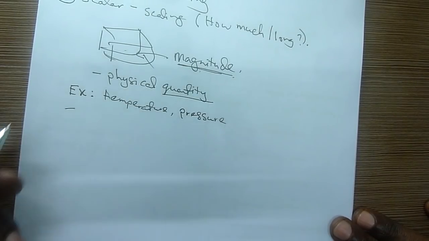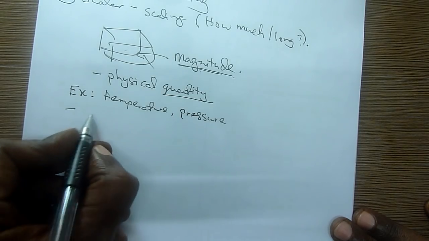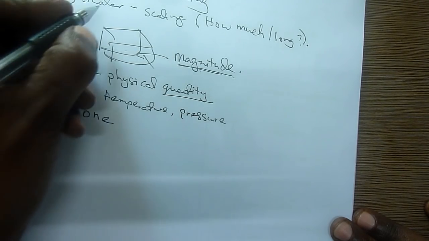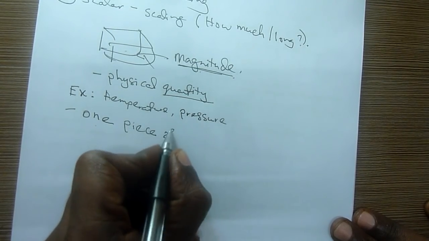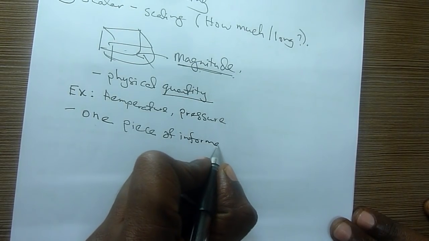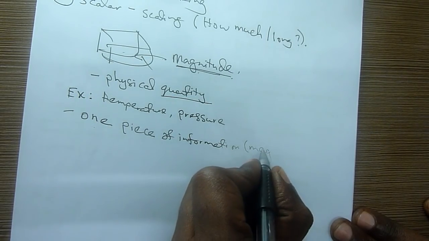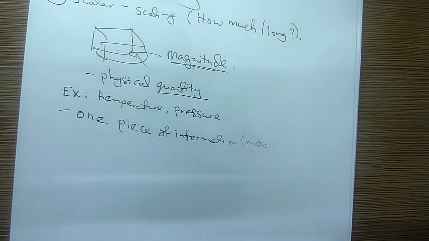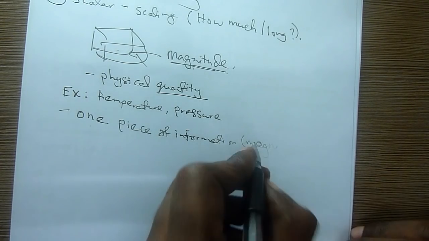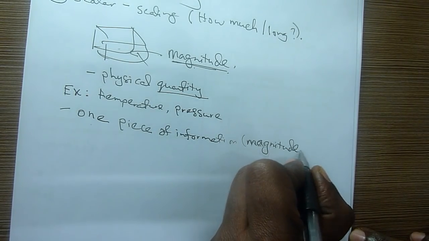Of course, you may ask: I can understand magnitude is something about this object, and the scalar will give us only one piece of information, which is magnitude only.